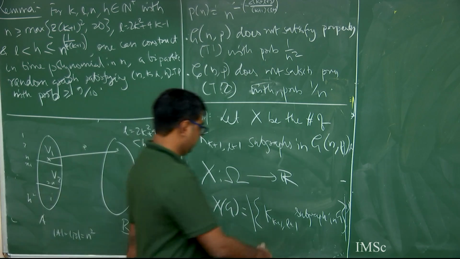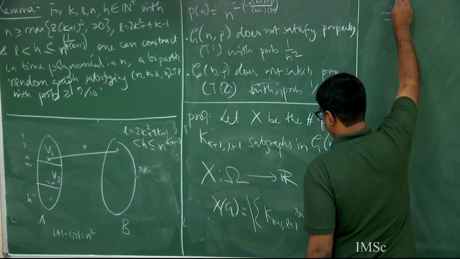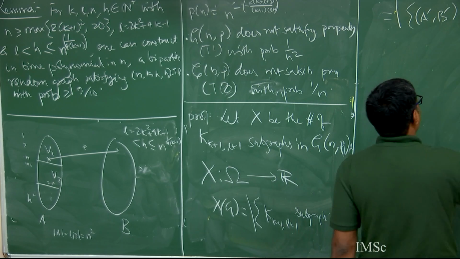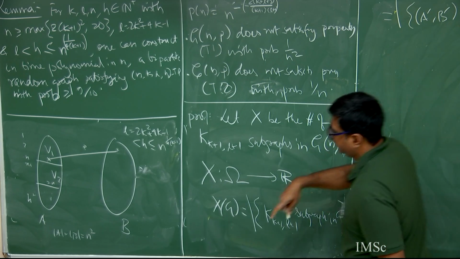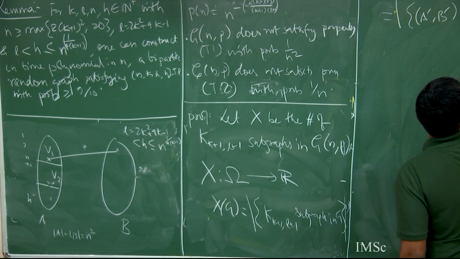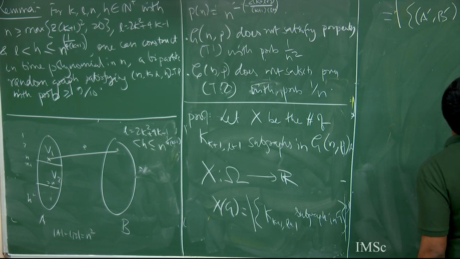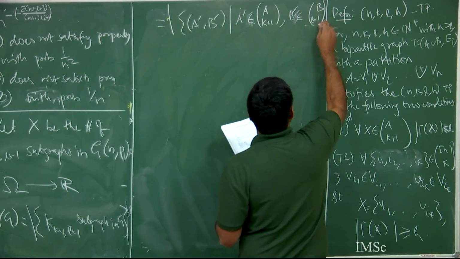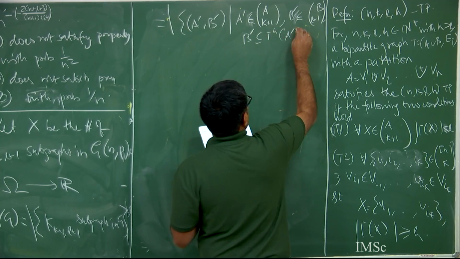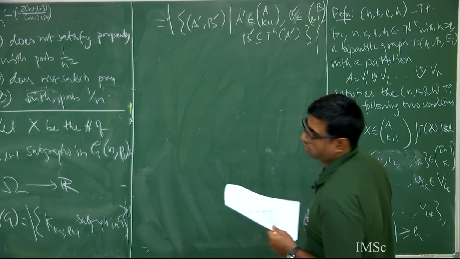Okay. So this is what it is, but I can write this down as a pair A prime, B prime, right. A prime is a subset of A with k plus 1 elements, right, and B prime is contained inside tau z of A prime, agreed, and this is exactly the same thing.